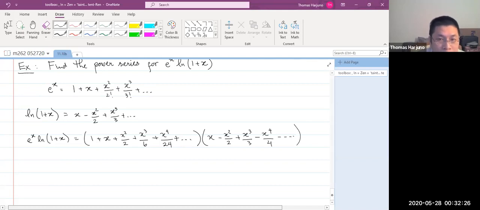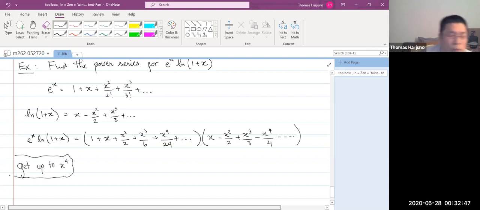Suppose, for example, I just want 5 terms, up to x to the 4th. Sometimes the question says get the first 4 non-zero terms. It depends on the question.